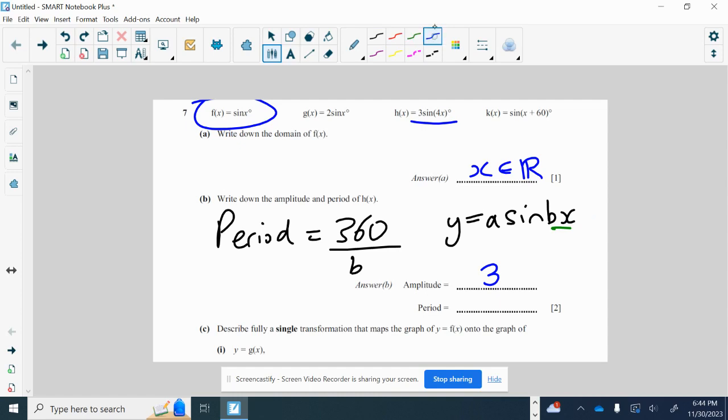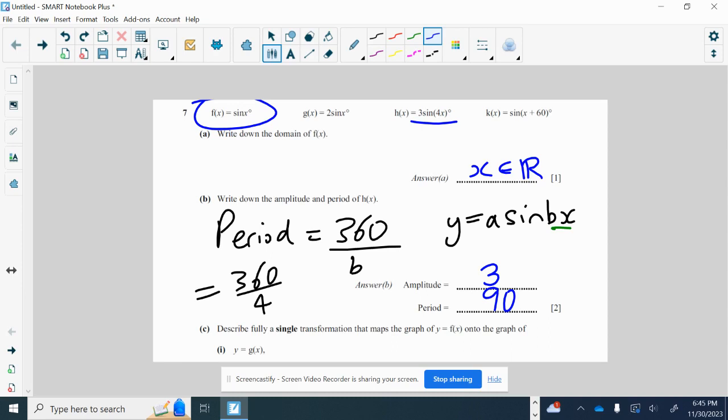So you can link this pretty easily. I can see here that the coefficient of x is 4, so to find the period I do 360 divided by 4, which, as we all know, is 90. So pretty easy, actually, but you have to memorize these things. Many of the formulae you're not given.